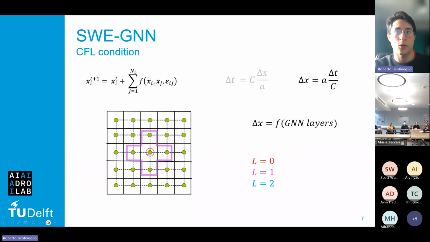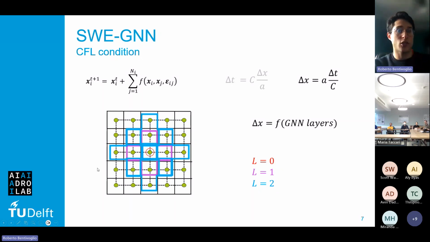When you're adding one layer of graph neural network, you're taking into account the neighbors of this cell. When you're having two graph neural network layers, you're doing the neighbors of the neighbors, and so on. And so you can see that within one function, one iteration of this operation here, you can reach a larger portion of space without having to decrease the time step.